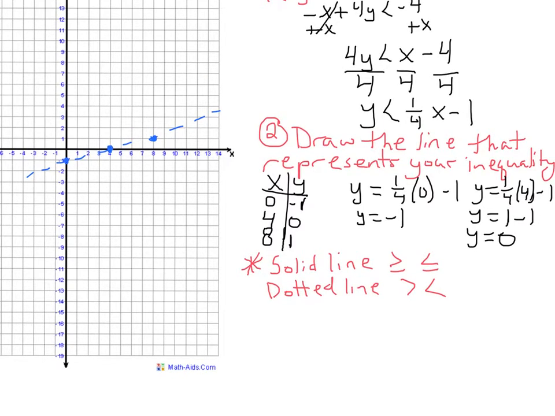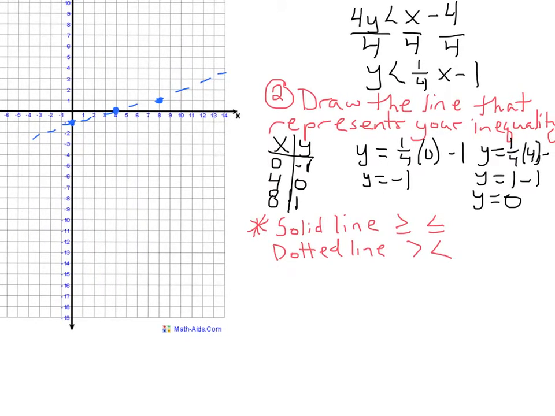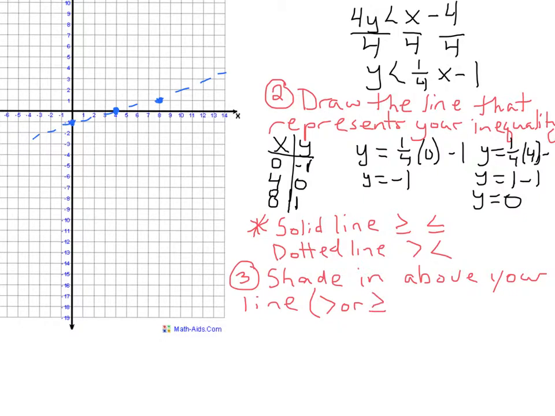Your third step is to shade in above your line, and it'll be above your line if it is this symbol or this symbol, or below your line for this symbol or this symbol.